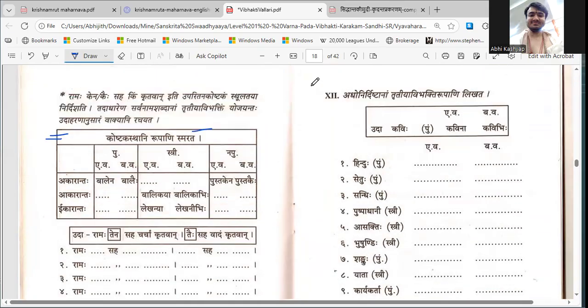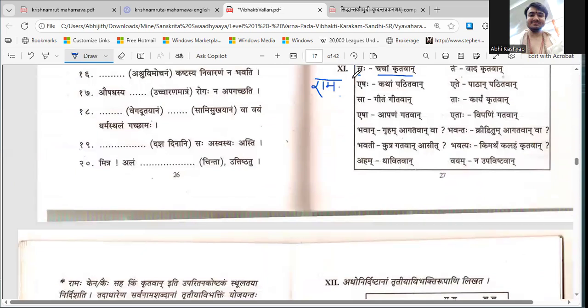That means here which word is used? Saha is used. What is the Tritiya Vibhakti form of Saha? Tena. Okay. So this we have to convert it into Tritiya Vibhakti now. Ramaha tena saha with. I told you saha is with.